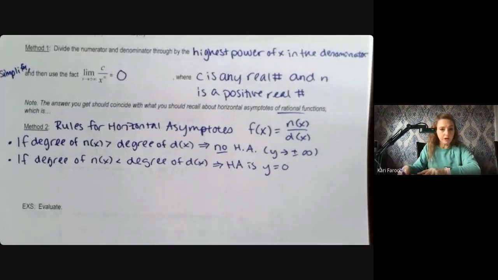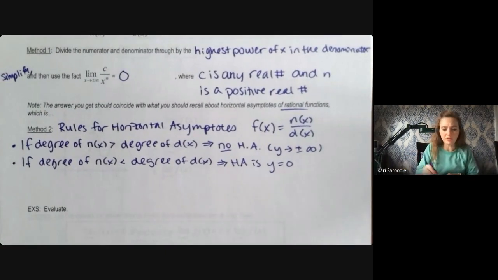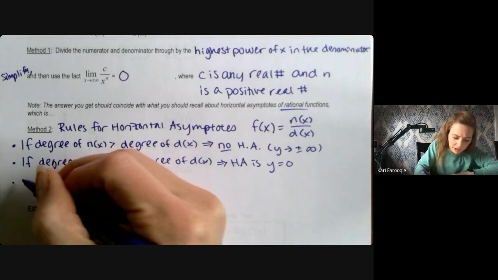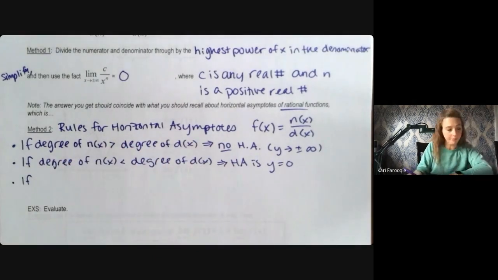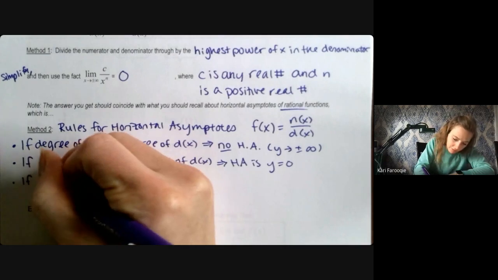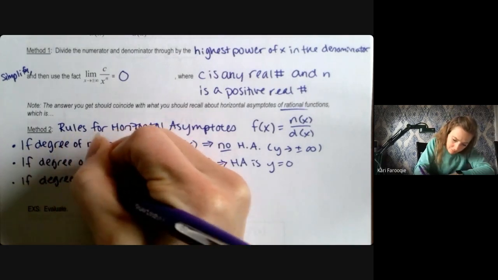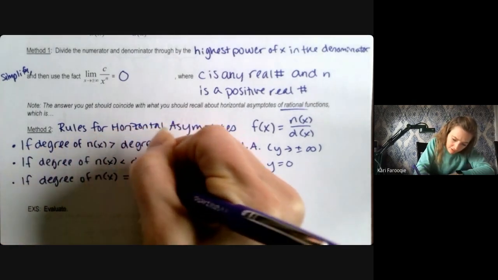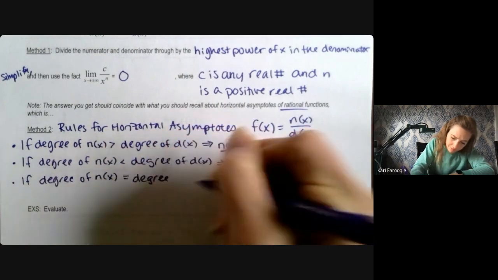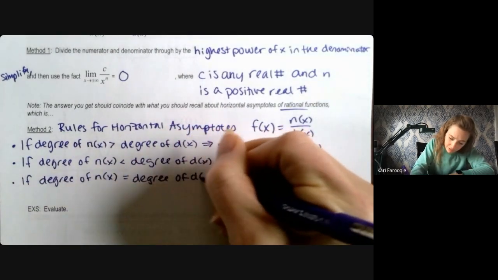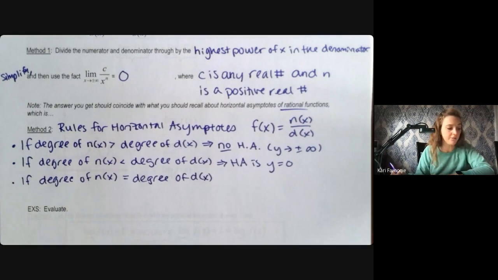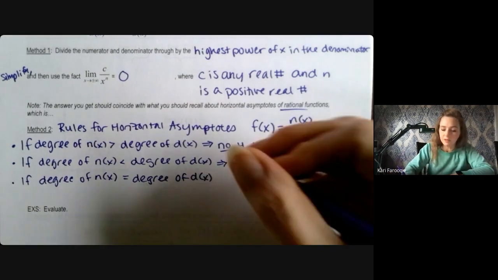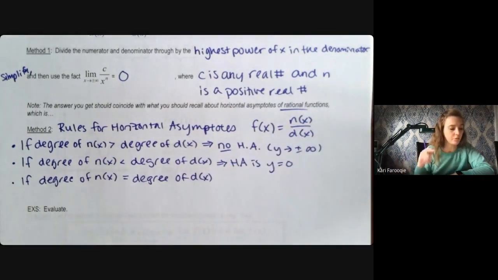So remember, those are synonymous. Okay, the last one tends to stick with students a little bit more. They tend to forget which one of these is which, but the last one is a special case where the degrees are equal. So if the degree of n of x is equal to the degree of the denominator, d of x, then your horizontal asymptote is the ratio of the lead coefficients.